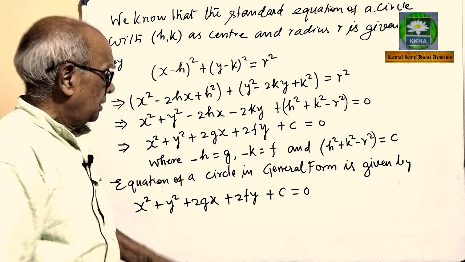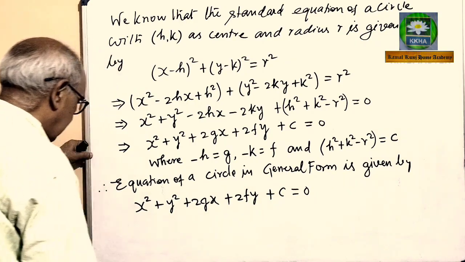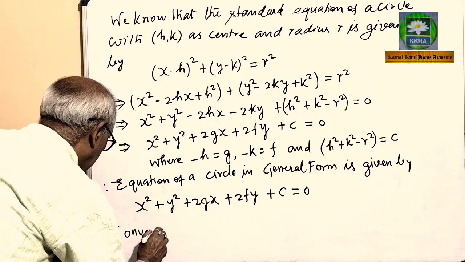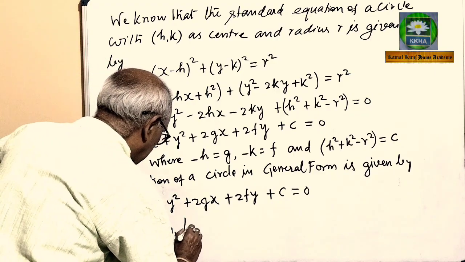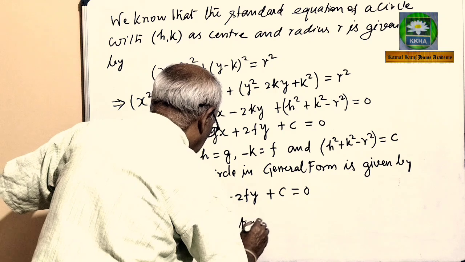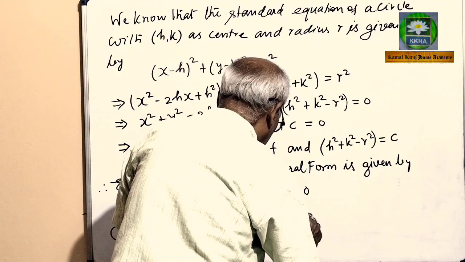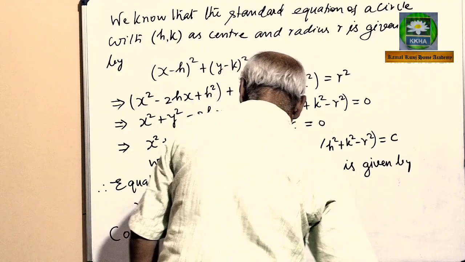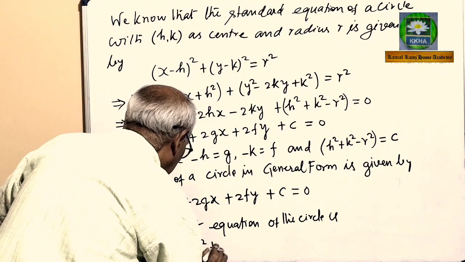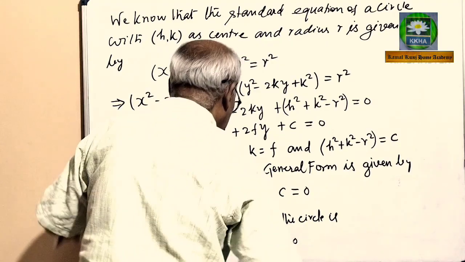Now conversely, let us consider the equation x square plus y square plus twice gx plus twice fy plus c equal to 0.